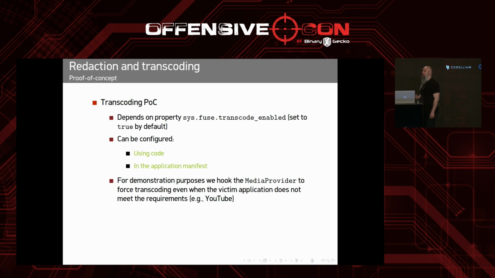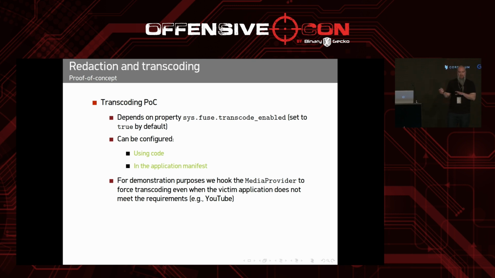So to use transcoding, this property needs to be enabled. In most modern devices that I've seen, because transcoding was introduced, I think, on Android 11, or 12, I'm not sure, this one is enabled to true by default.